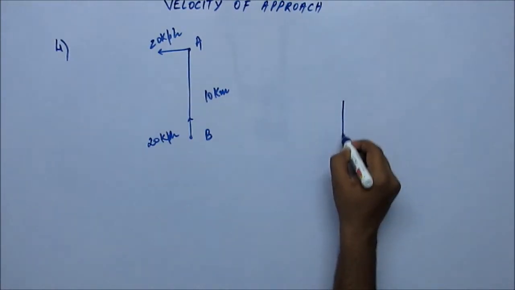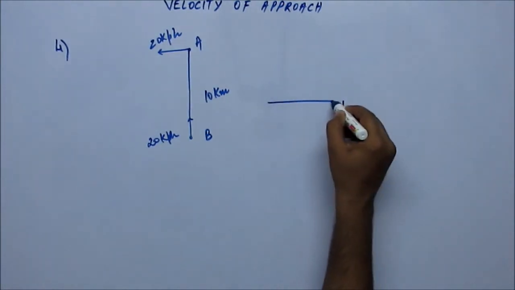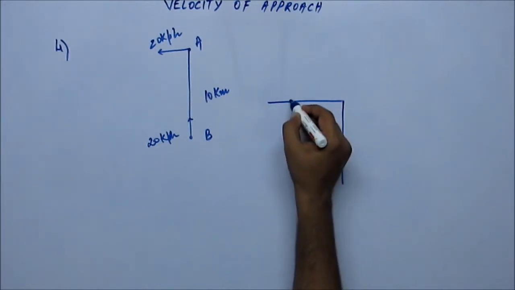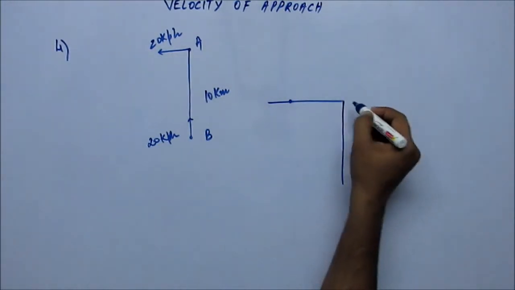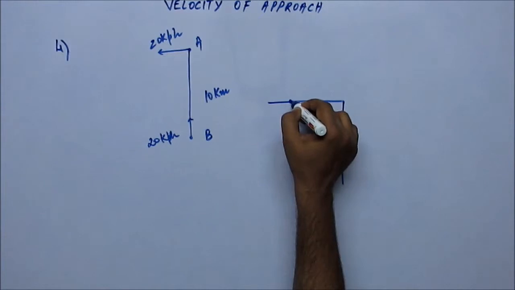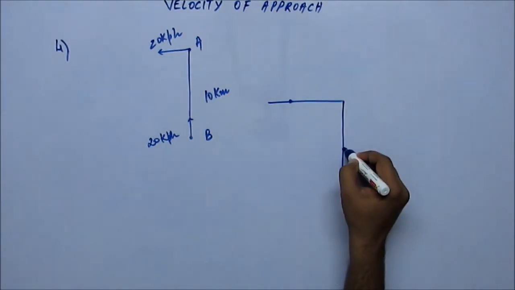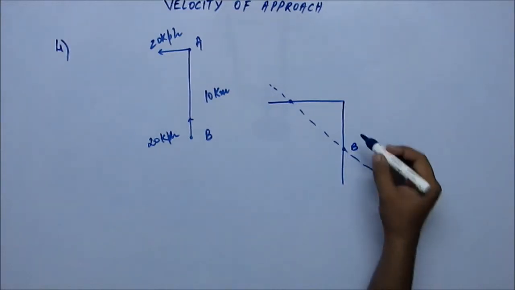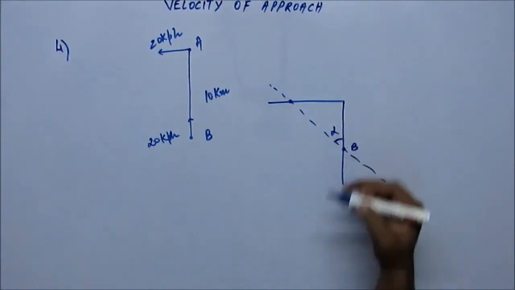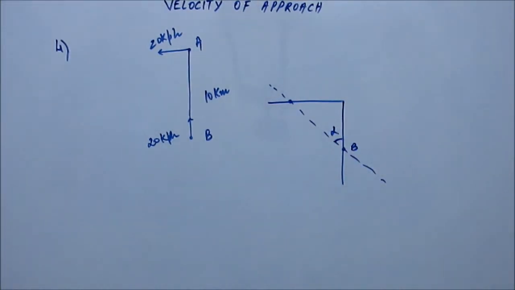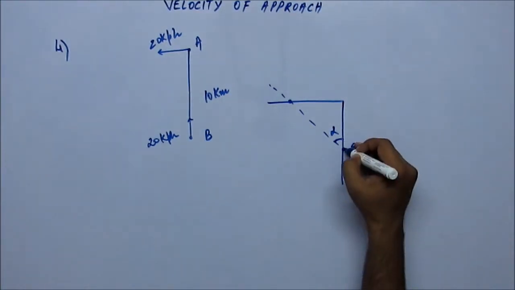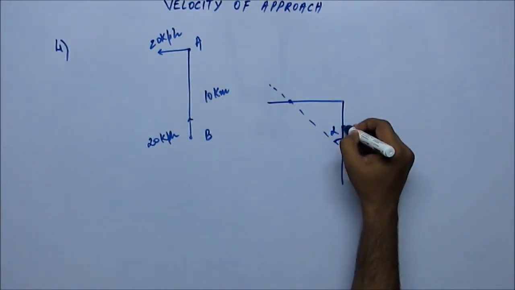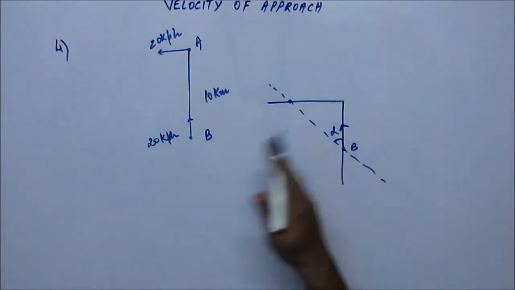Okay, let's see how we will go about doing it. Suppose at an intermediate stage of the journey, the truck at A has reached this point, and the truck at B has reached this point. And this is a general angle alpha. Let's try and write the velocity of approach at this moment. The velocity of the truck at B would be 20, which is constant.